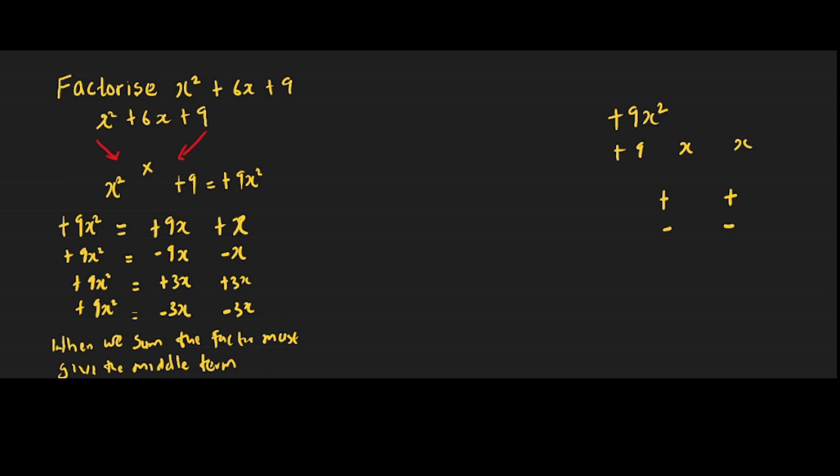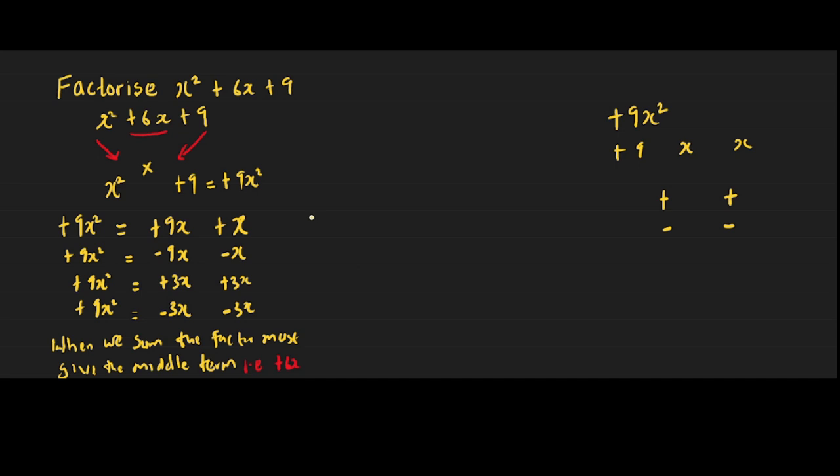In this case, the middle term here is plus 6x. By the time we sum, that is when we add them together, it must give us that. Now let's look at the factors that we have. Which of these, when we add them together, will give us the middle term?